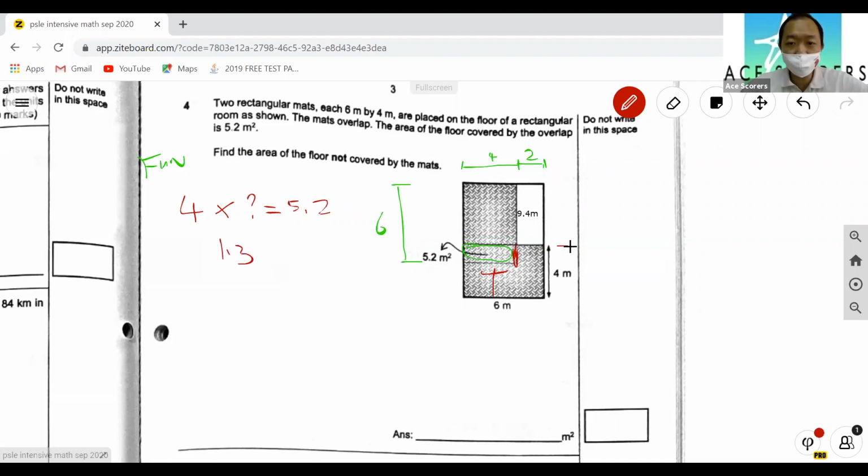So this red color height is 1.3. Now I can find this, because all I have to do is take 6, this whole thing is 6. So 6 minus 1.3. You can use a calculator. We got 4.7.